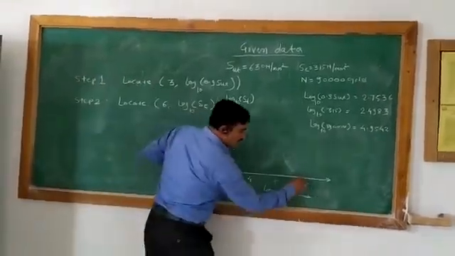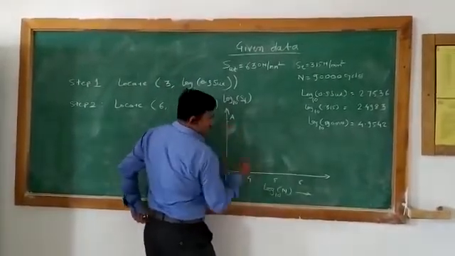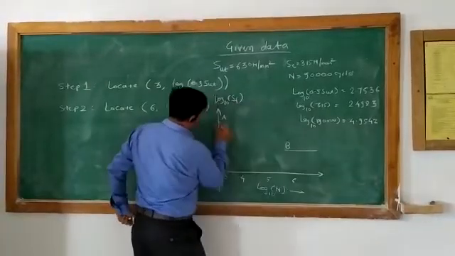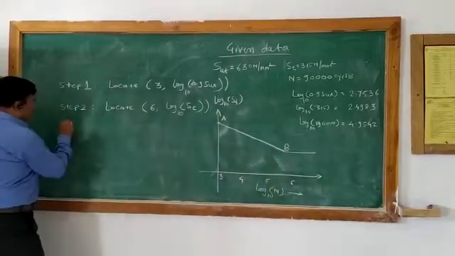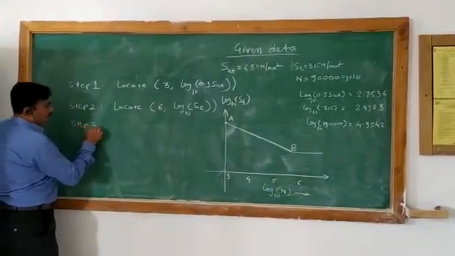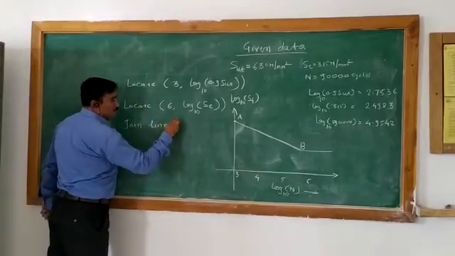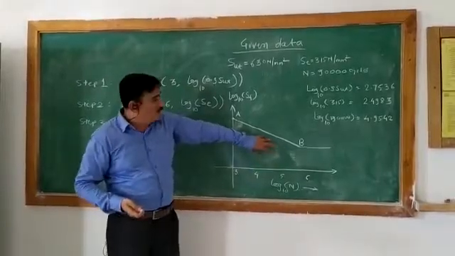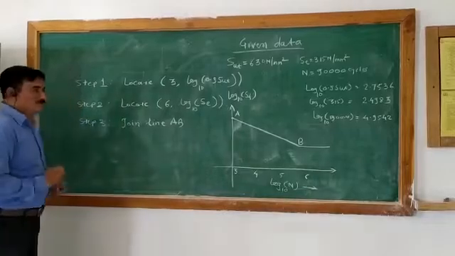So here it is 6, and somewhere here it will land. Name this one as B. The third step is to join line AB. This line AB will be the criteria for finite life problems. So these are the 3 steps we have just covered.